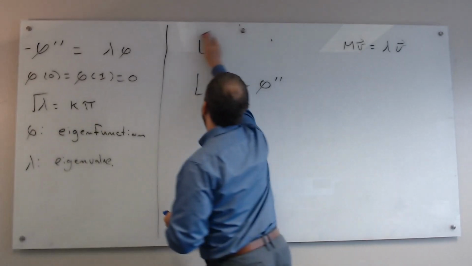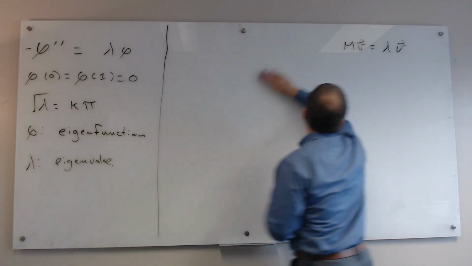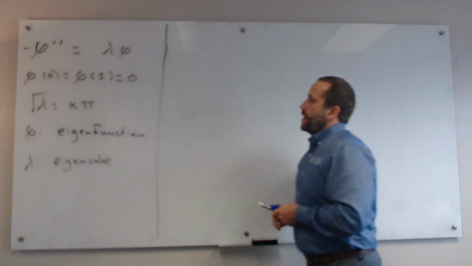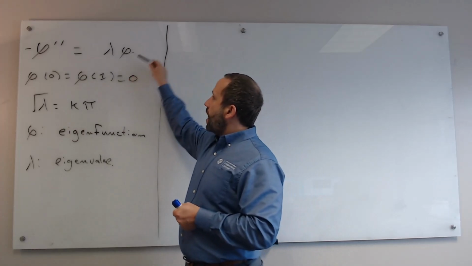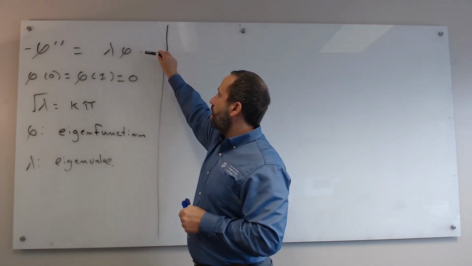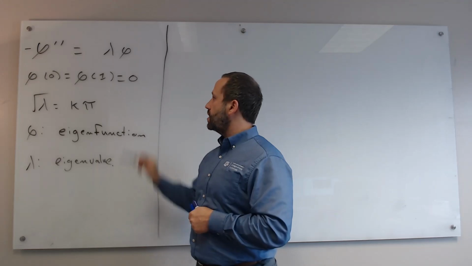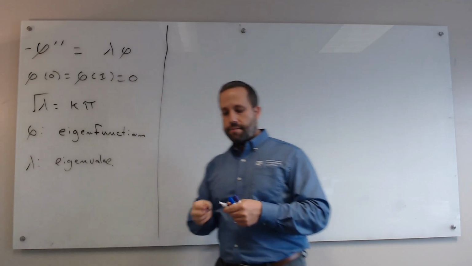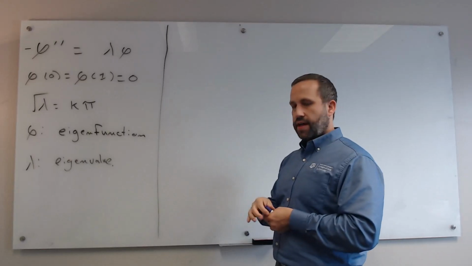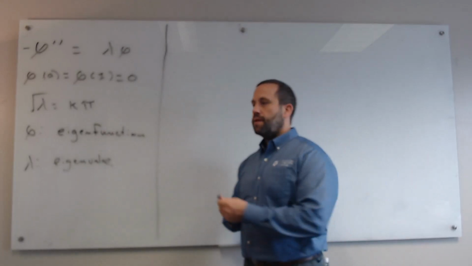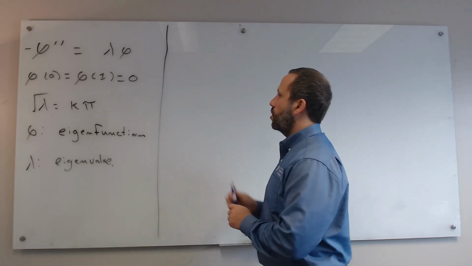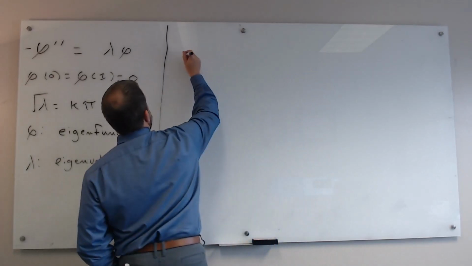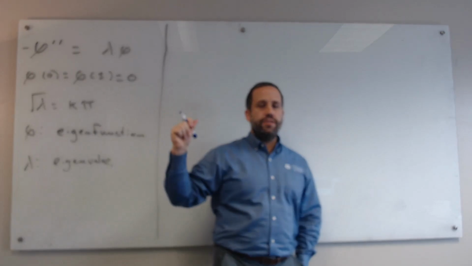So that's what I want to show you now. If you have this function phi and a lambda that satisfy this equation and these boundary conditions, then that's enough information to prove that lambda is positive. You might wonder why you would think to do the computation I'm about to do.